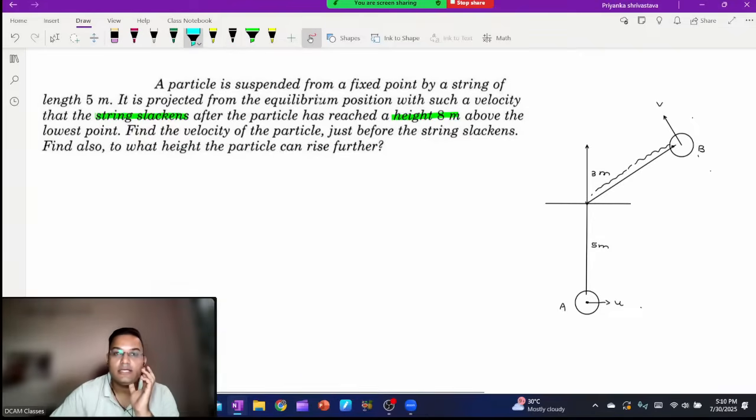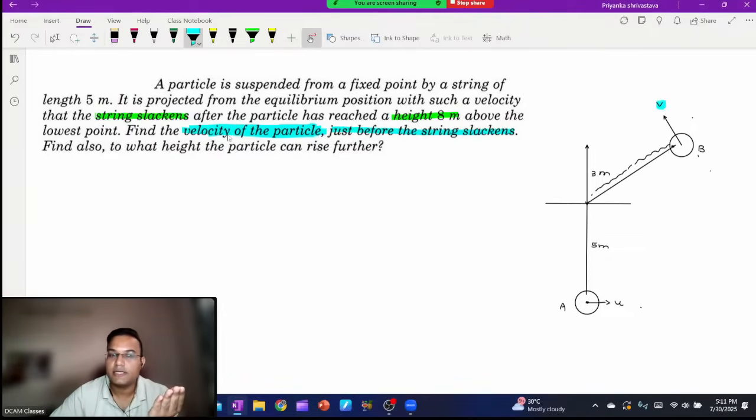Now they are asking, find the velocity of the particle just before the string slackens. You should have got the idea from this point also, because they are asking for the velocity just before the string slackens. Then how can the velocity be 0 here?